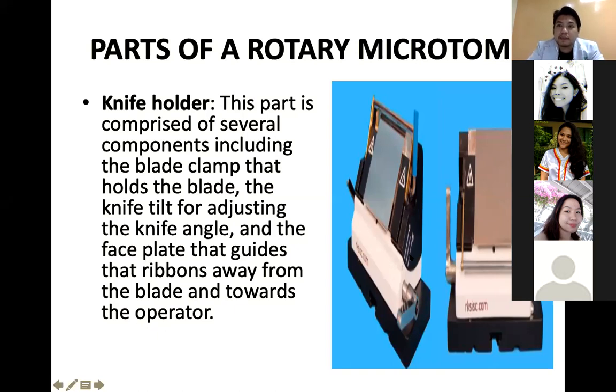It can tilt forward, sideways, or backwards. So nasa inyo yon if you're using different types of embedding medium. If you're using paraffin embedding medium, medyo nakaslant or slope yung inyong blade. But if you're using celloidin embedding medium, less yung angle ng knife. Okay?